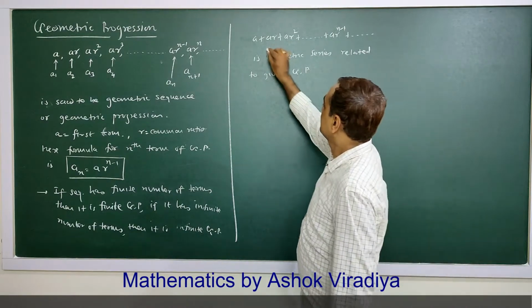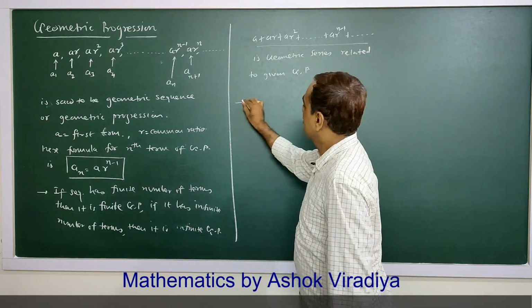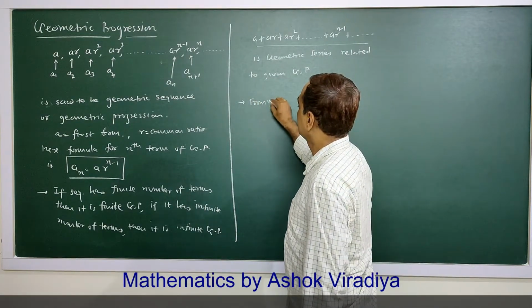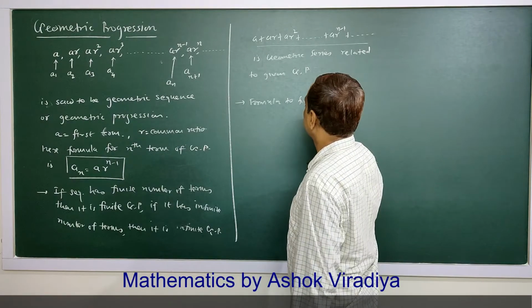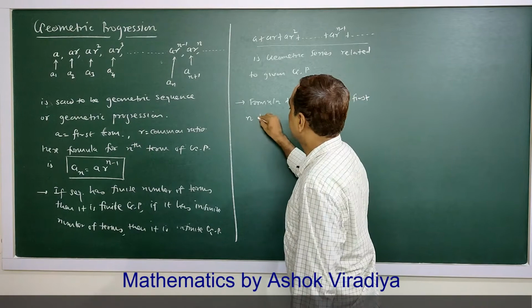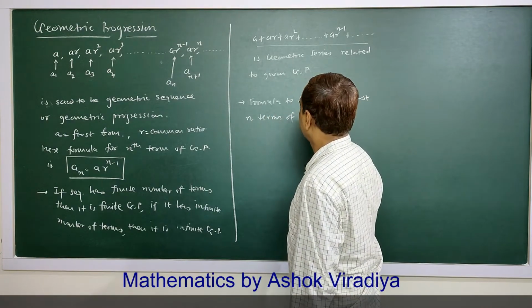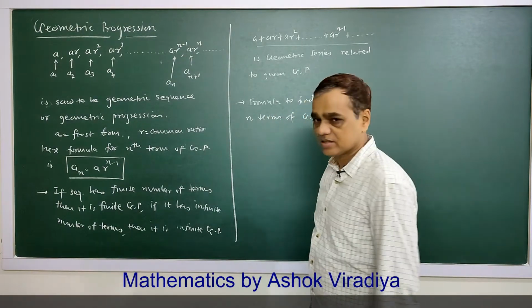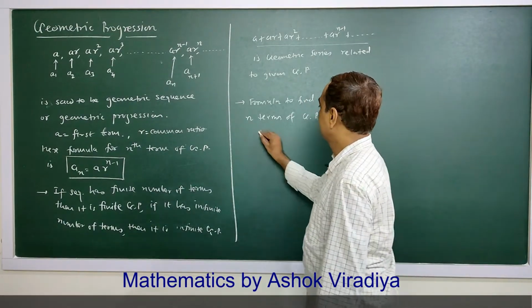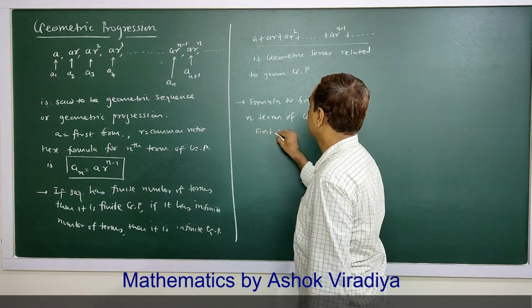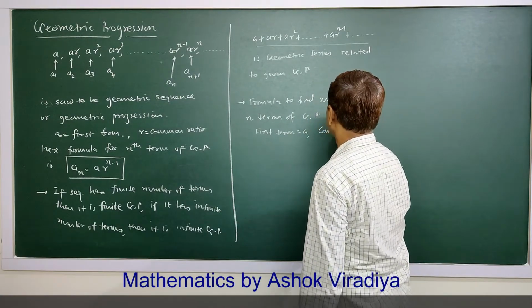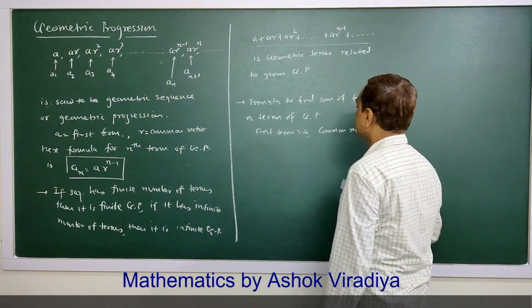So here now next result is formula to find sum of first n terms of GP, in which first term is a and common ratio is r.